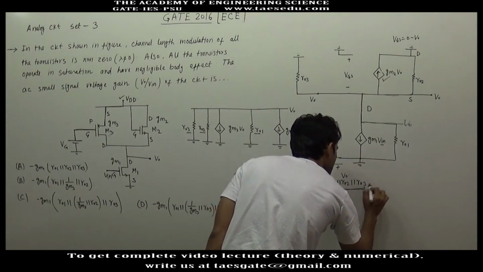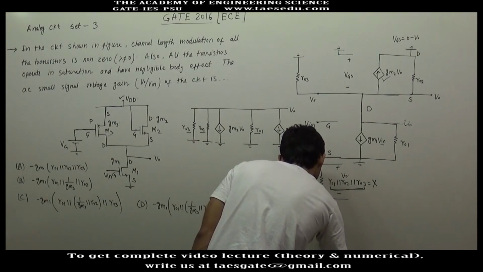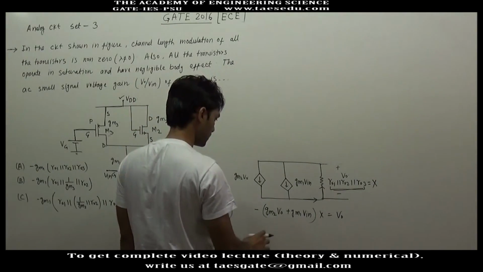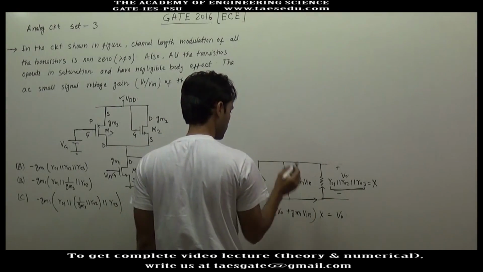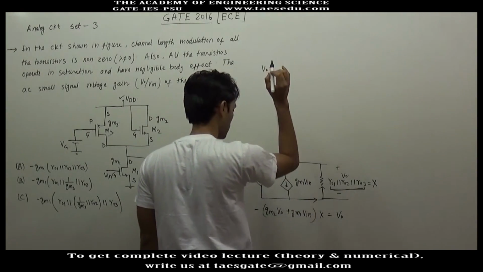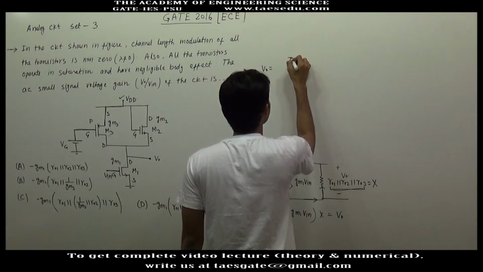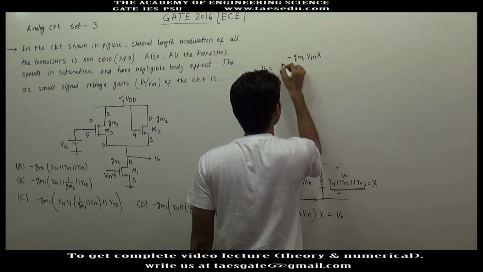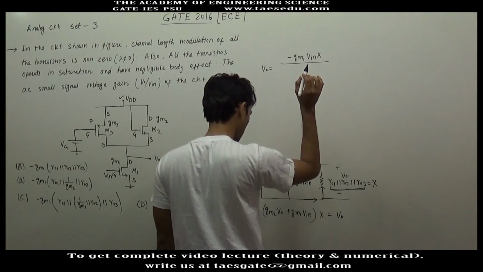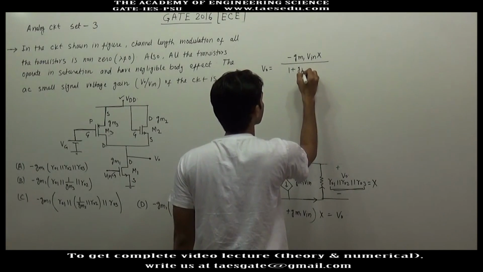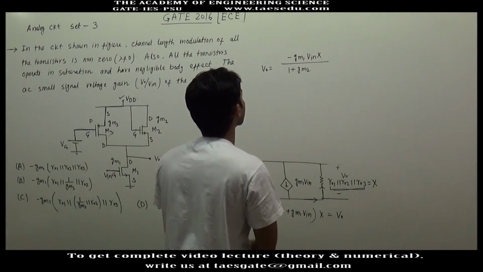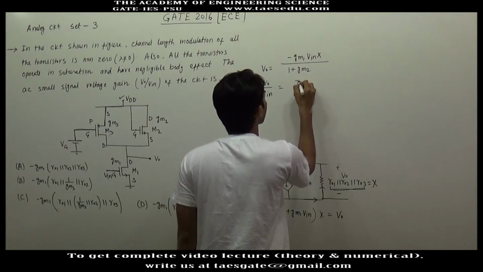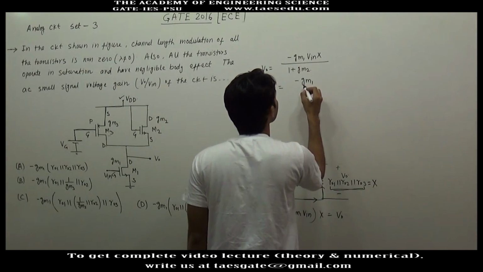Let's say this resistance is X, equal to V0. So V0 will be minus of GM1 into V input into X divided by 1 plus GM2, or V0 by V input will be minus GM1 into X.